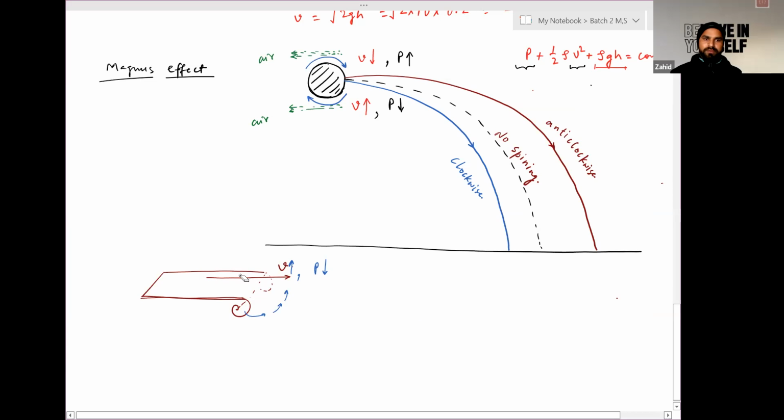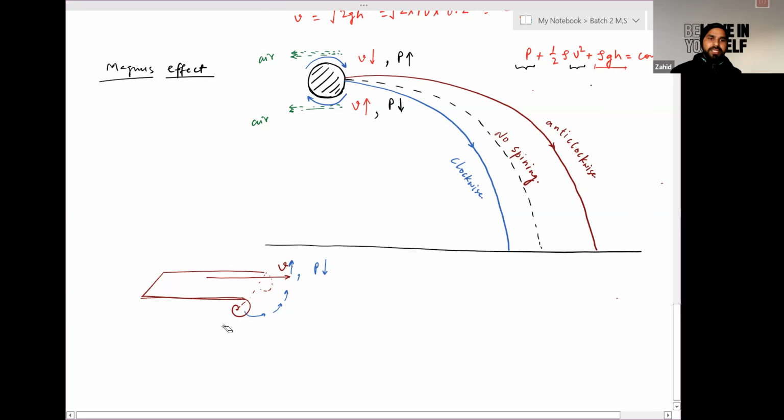Suppose air is blown over this particular surface from its top side. So the blowing air will have a larger velocity as compared to the air at this bottom point. Due to the increase in velocity, pressure at this topmost point will decrease as compared to the bottom point.